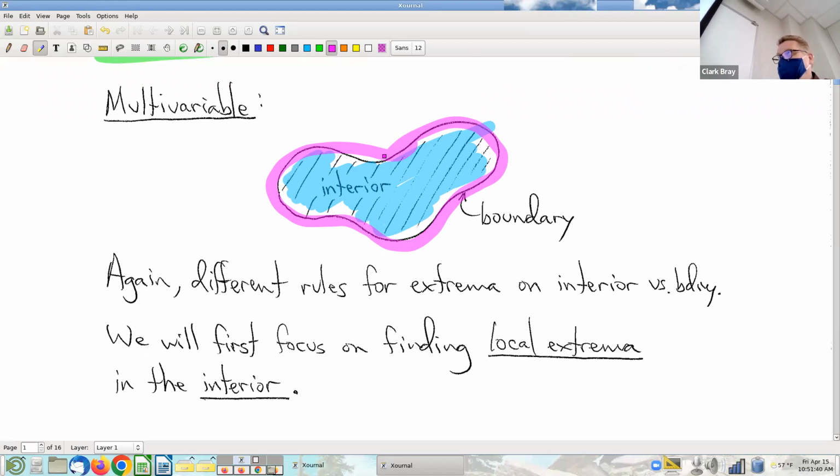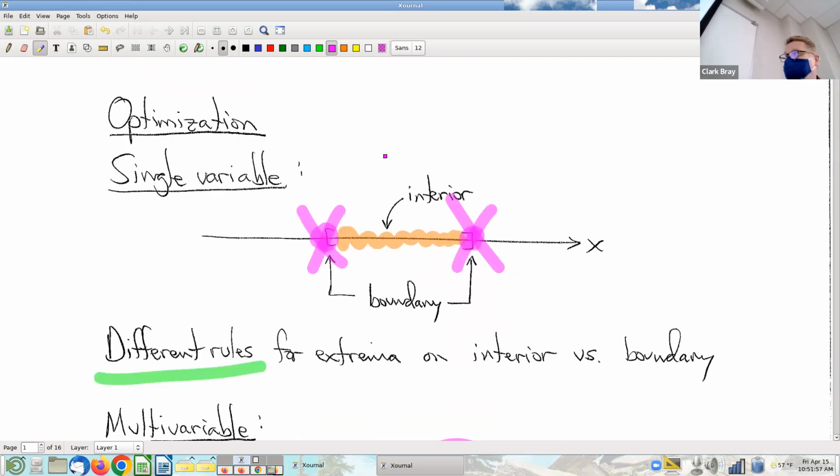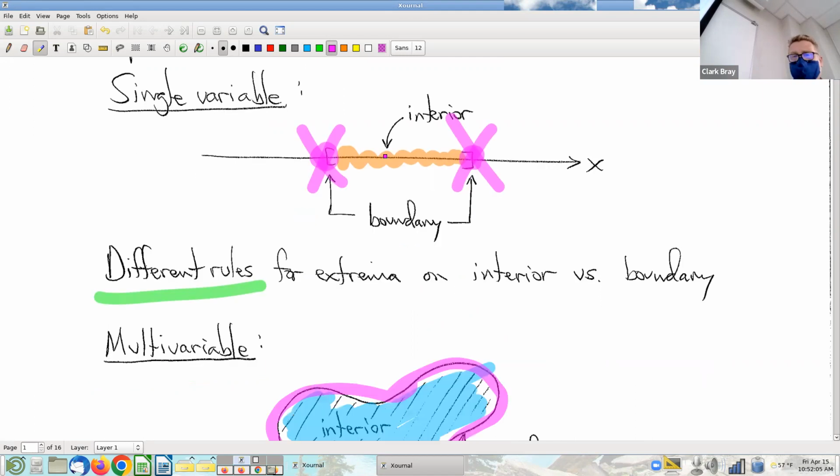On the boundary, though, there's a couple of bits of bad news. On the one hand, the techniques we're going to find for how to deal with boundary critical points are different. That's one bit of bad news. The second bit of bad news is I can't just say, check them, because in one dimension there are only 2 endpoints of an interval. I can check 2 points, no problem.